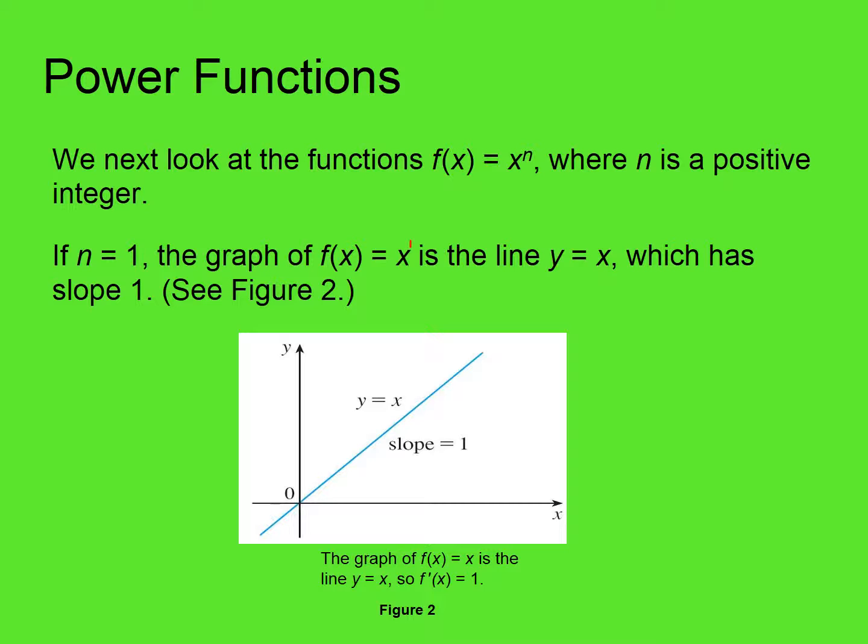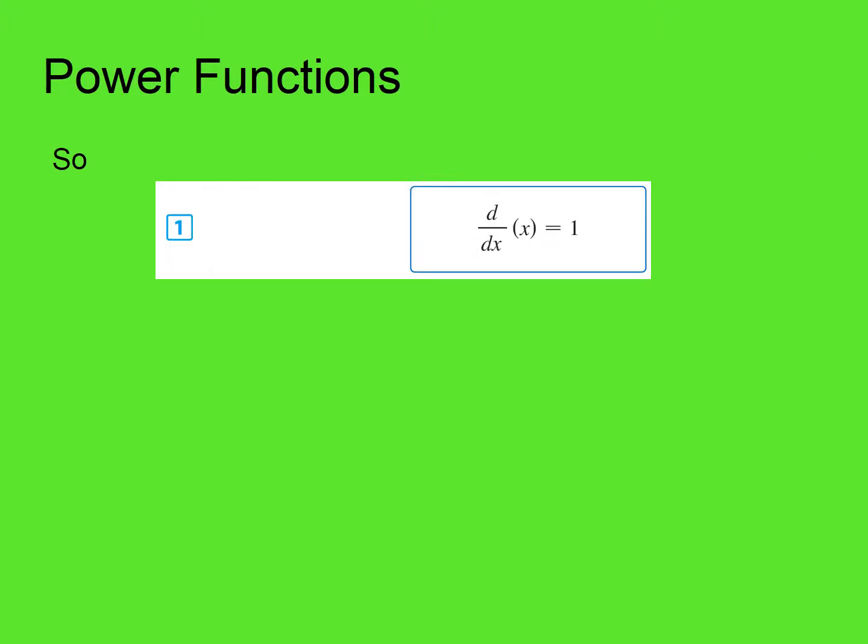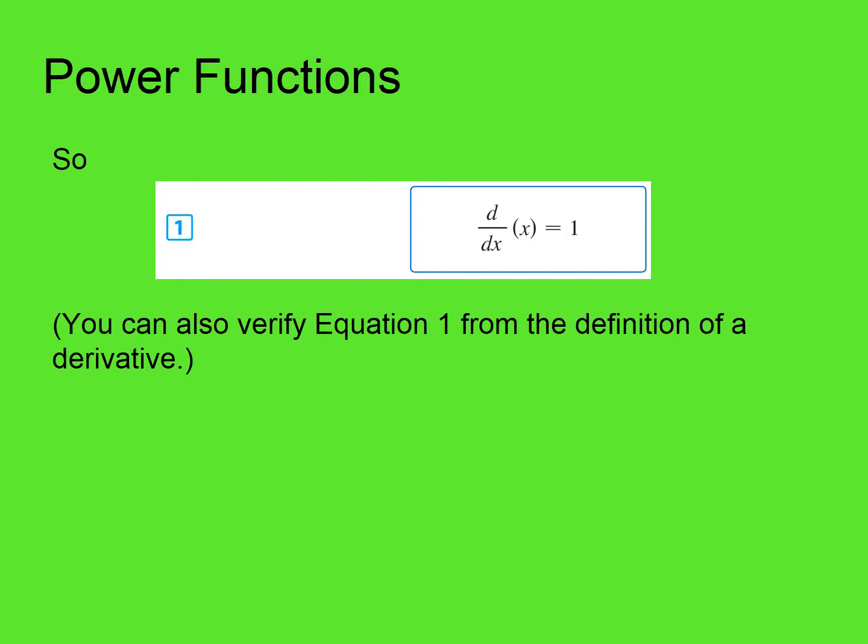And so for x to the first, no matter where you are actually, the derivative is 1. We could also verify this from the definition of the derivative. Limit as h goes to 0, f of x plus h minus f of x all over h.